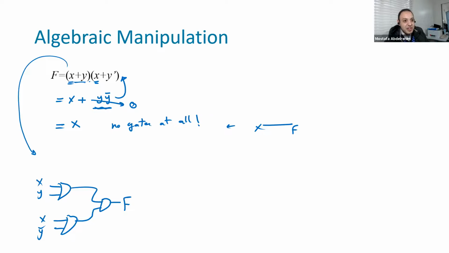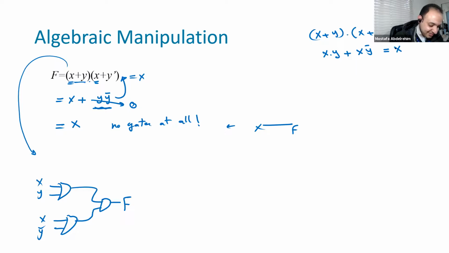Can we deduce another rule from this? We discovered that this is equal to x. By duality, can we discover another type of simplification? Yes. By duality, if (x or y) and (x or y bar) equals x, then (x and y) or (x and y bar) should also equal x.